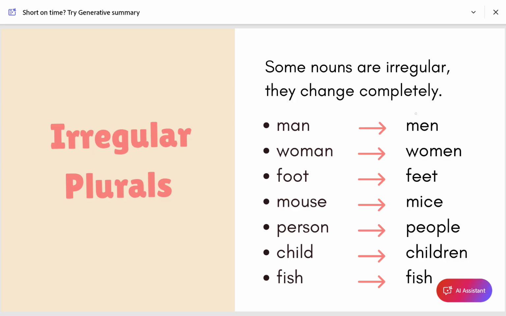Like man becomes men, woman becomes women, foot becomes feet, mouse becomes mice, person becomes people. A child, in the plural form, becomes children, and fish remains the same in the plural form, fish.